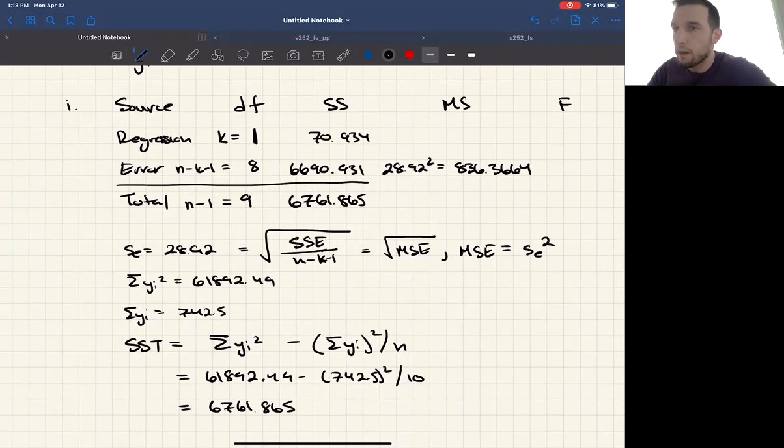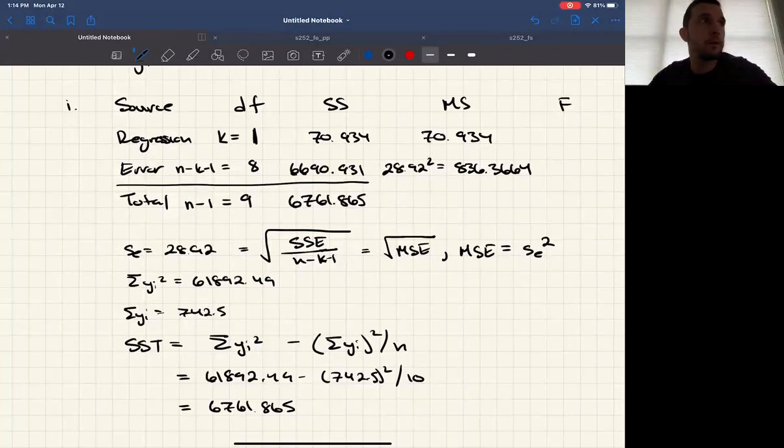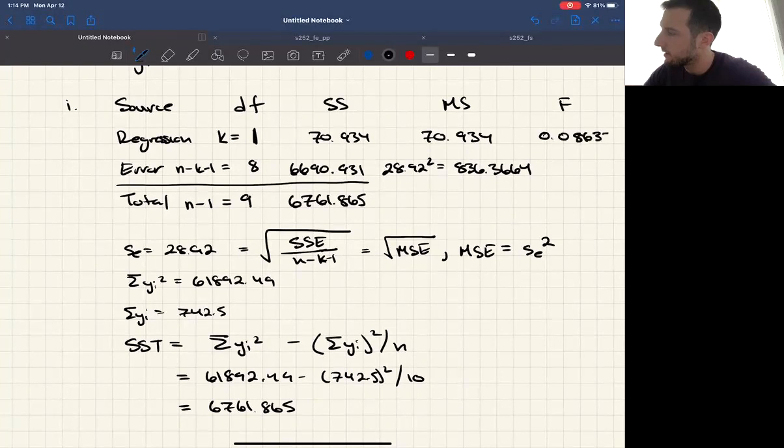And then the mean square is the sum of squares divided by the degrees of freedom, so this is just going to be 70.934. And then the F value is the mean square regression divided by the mean square error, which is going to be 0.08637.